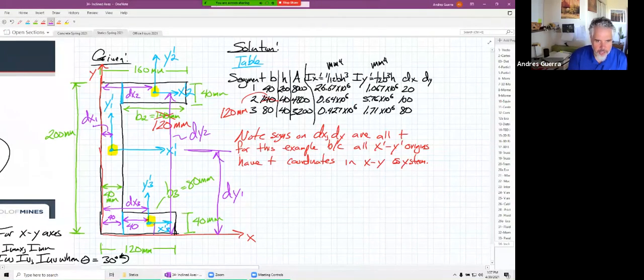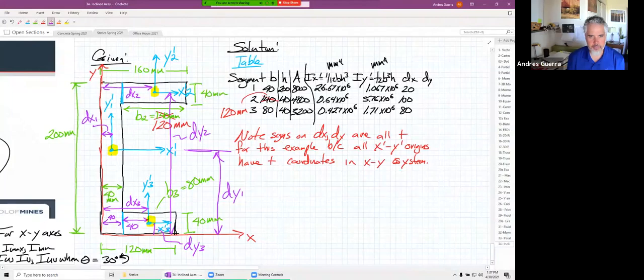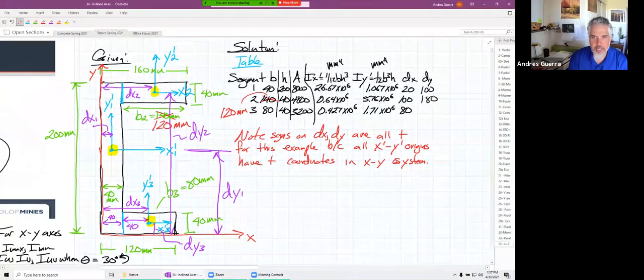And then dy for segment 3 would be this little distance down there. And so that would be 100 millimeters for segment 1. Segment 2 would be 180. And segment 3 is going to be equal to 20.